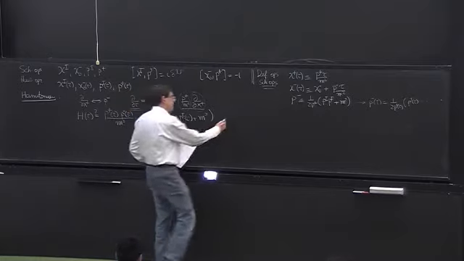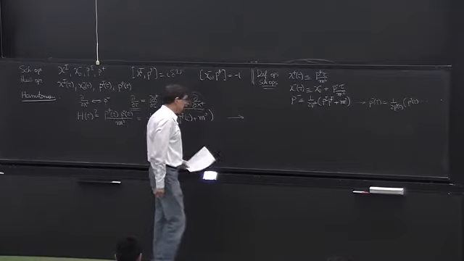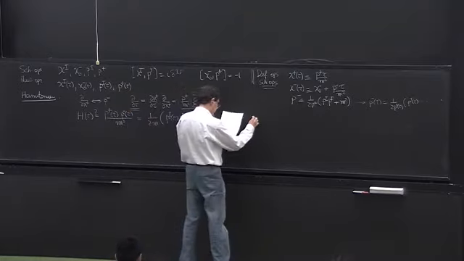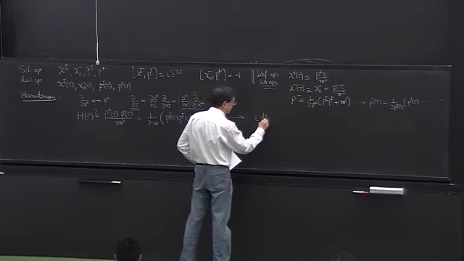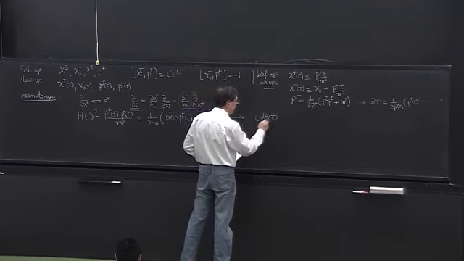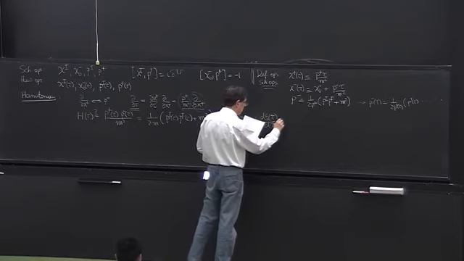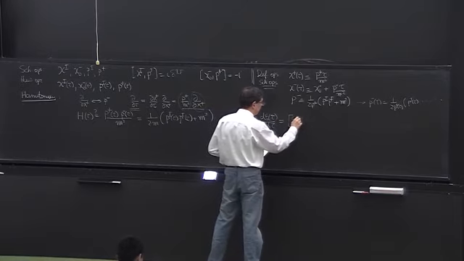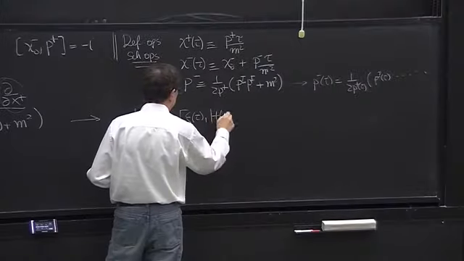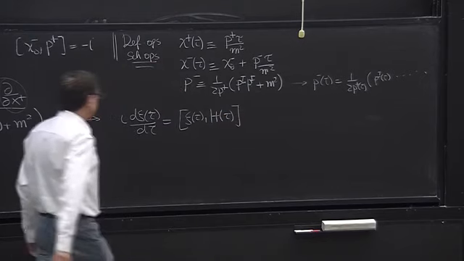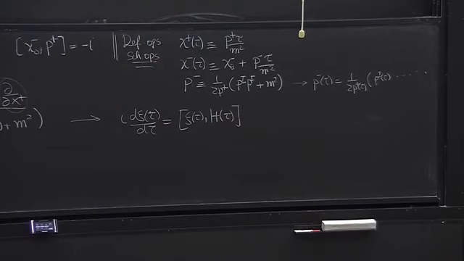In order to check a Hamiltonian, you look at the equations of motion, which are i d psi of tau d tau should be equal to the commutator of psi of tau with H of tau. This is the Heisenberg equation of motion of quantum mechanics.